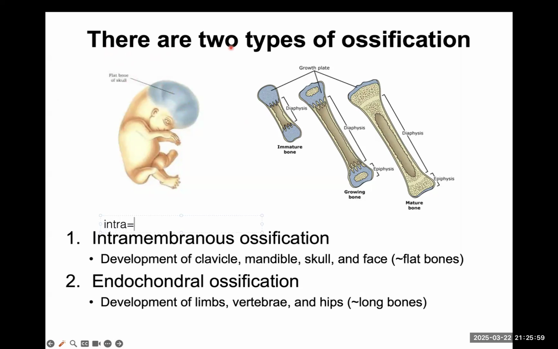Intra means within, and inter means between. So intramembranous is happening within the membrane. So you really have to commit this to memory. So basically that's how you form regular shaped bones like the clavicle and flat bones in the skull, the ones on your face. And that's how the fetus is going to make those kinds of bones as well.